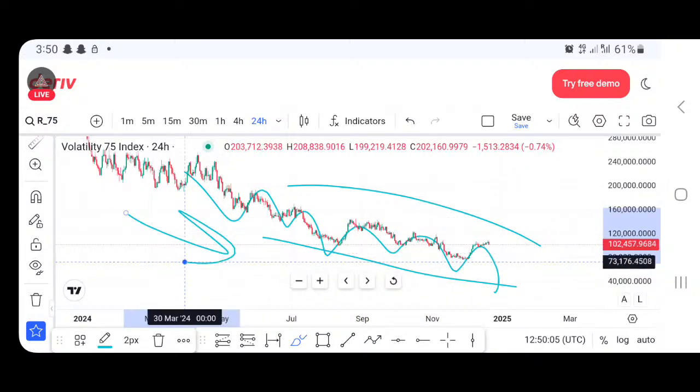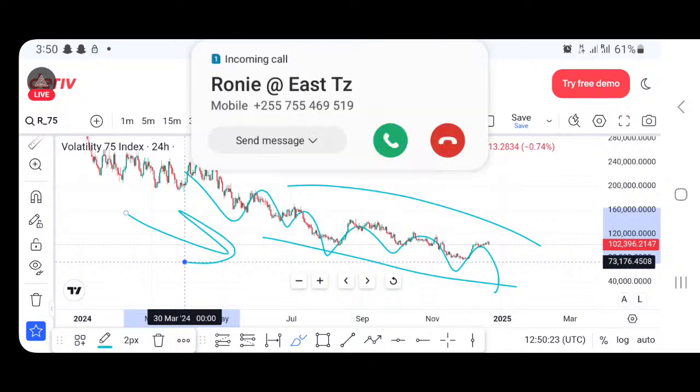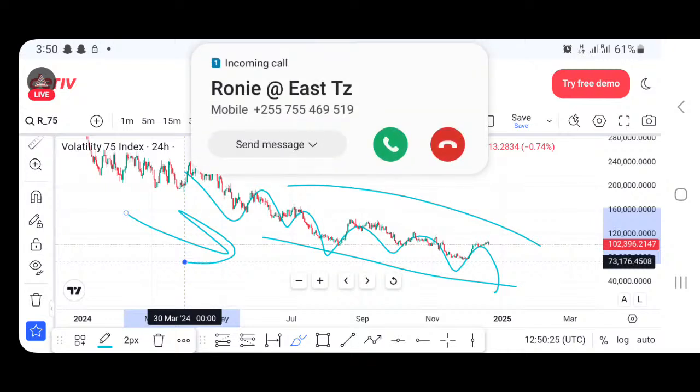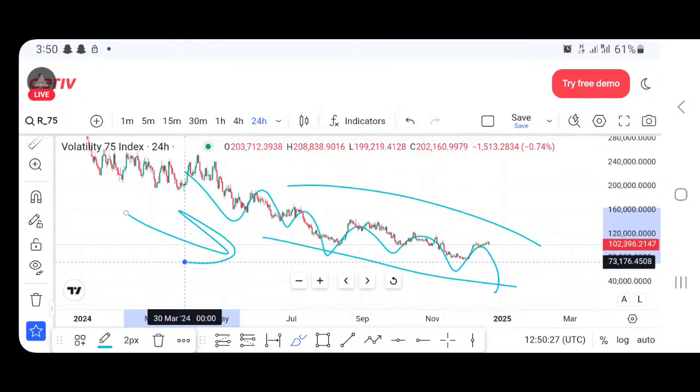So after seeing this in the higher time frame, if you are one of those who love to swing the market, this will be massive, big information to you. You have to keep looking for the sales only, until the market changes its direction.